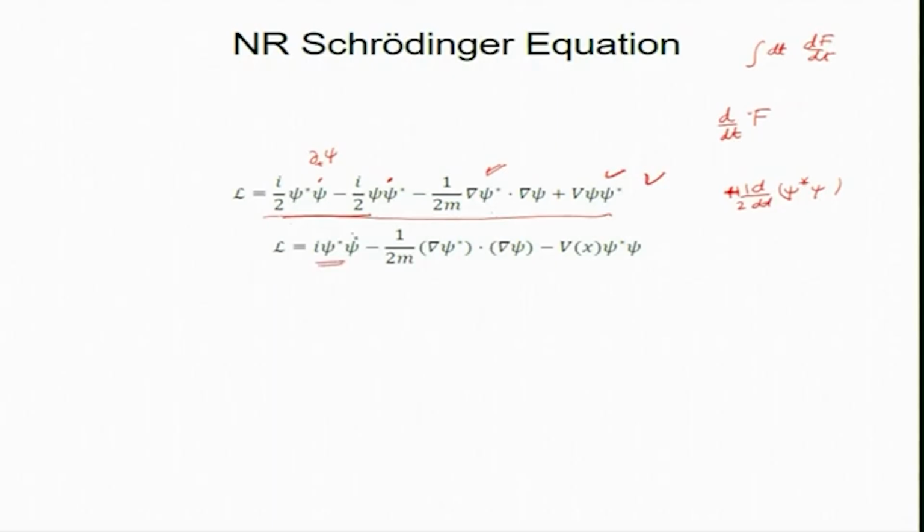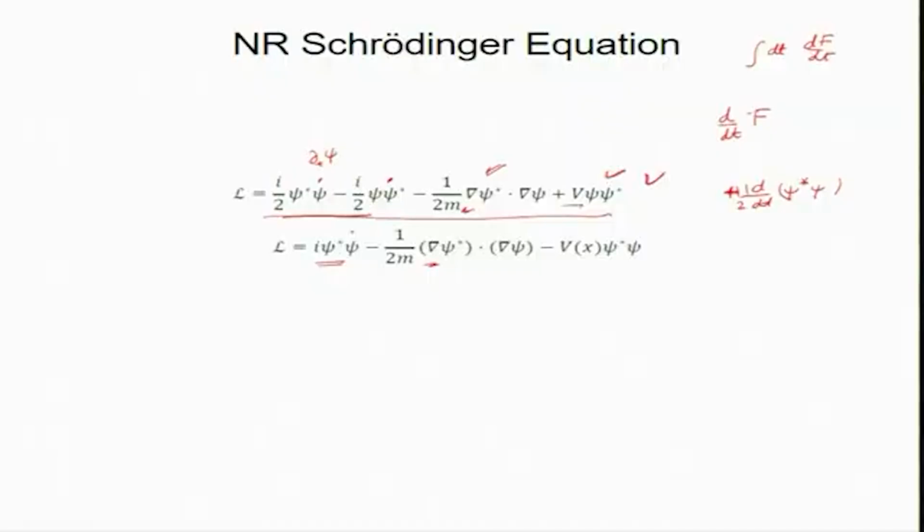So I get i psi star psi dot minus this term and minus that term. This is the Lagrangian for the field, not particle, the Lagrangian for the field that will give me the Schrodinger equation.